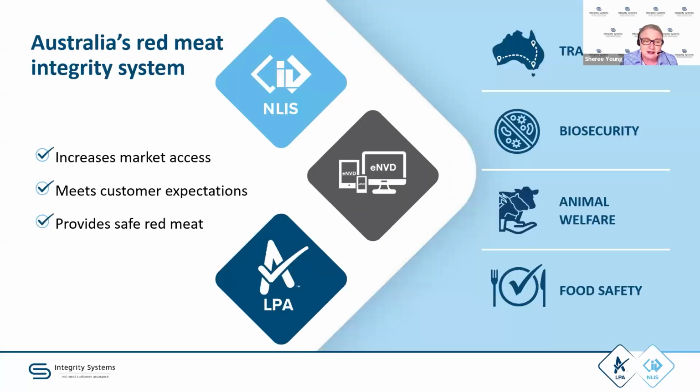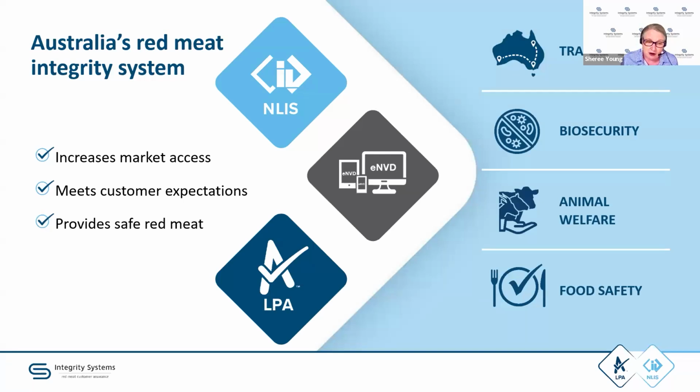I'm now going to take you through a deeper dive into the key programs that we operate and manage at ISC. The first one is the National Livestock Identification System, or the NLIS. This is Australia's system for the traceability of cattle, sheep and goats. It reflects Australia's commitment to biosecurity and food safety, and provides Australia with that competitive advantage overseas, which we all appreciate.